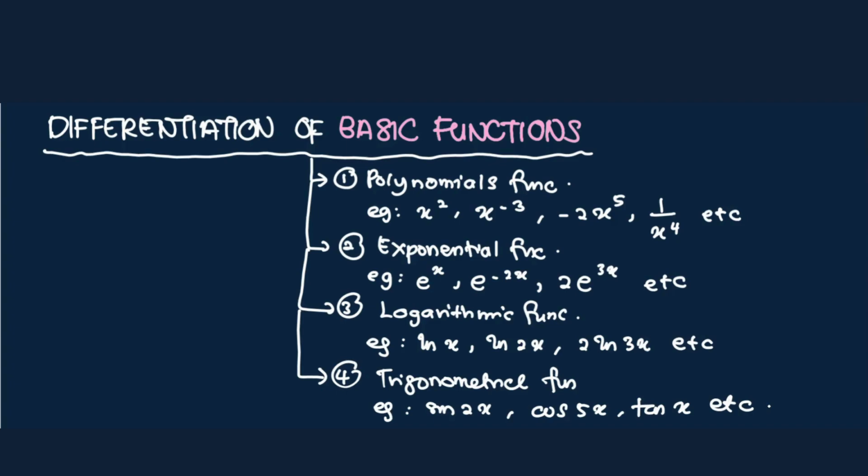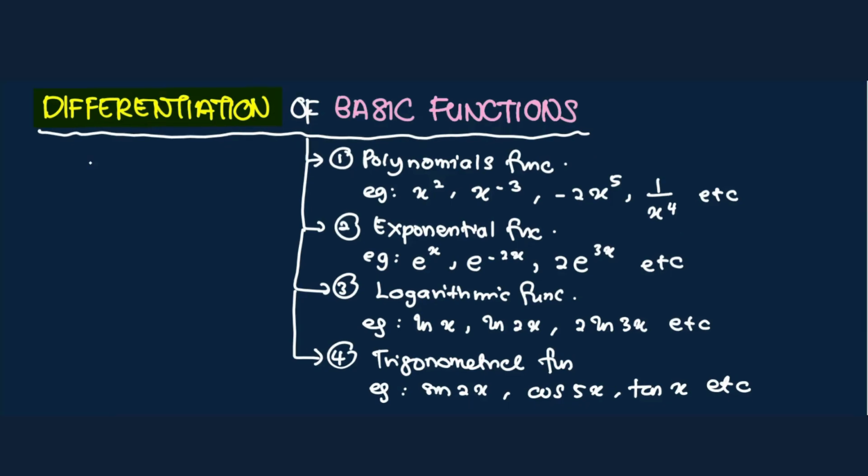Now, let us define what is differentiation. In the simplest words, differentiation can be defined as the rate of change of the function output, commonly denoted as y, with respect to its input, commonly denoted as x.